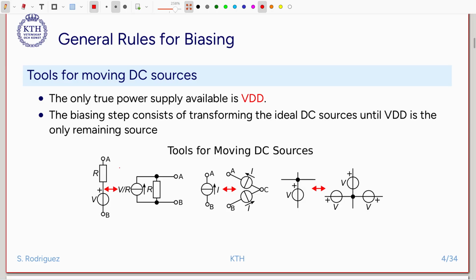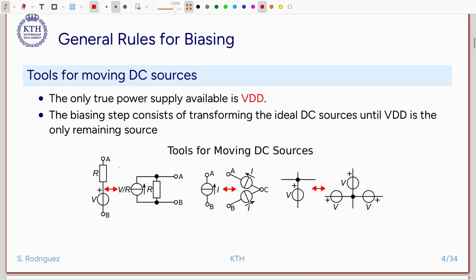So the first concept is that the only true power supply in our circuit is VDD. At the end of the day we will have only one power supply in most cases. There are some exceptions in which there are multiple power supply domains, but typically in an analog block, you will end up with one power supply that we call VDD.